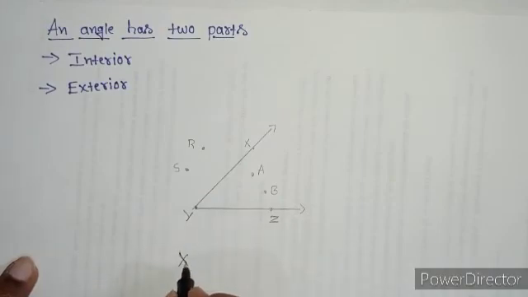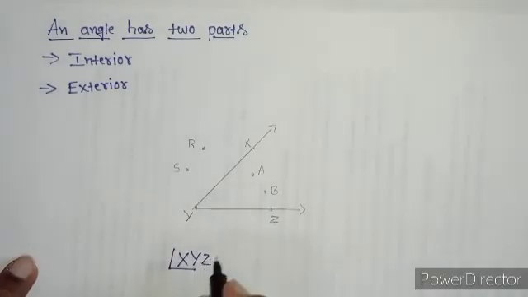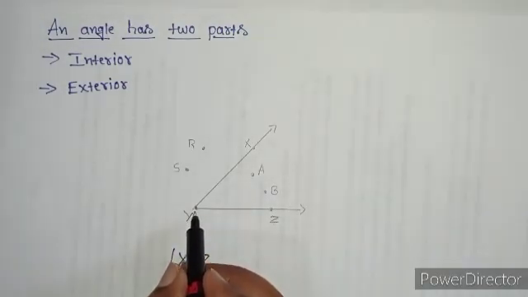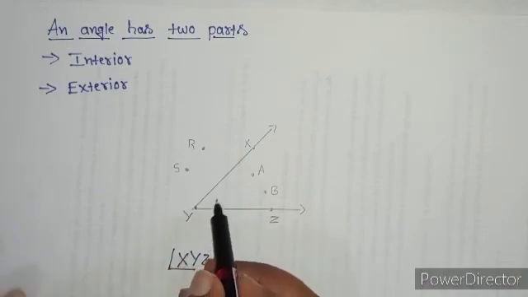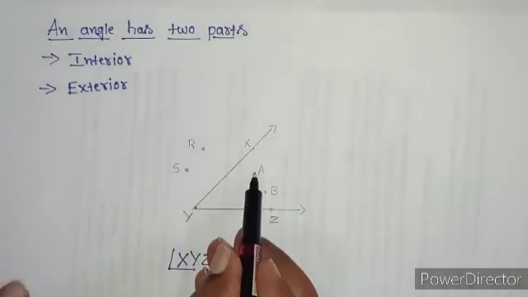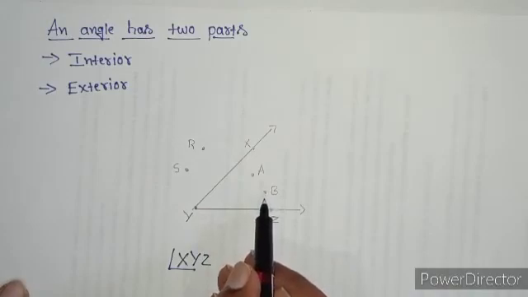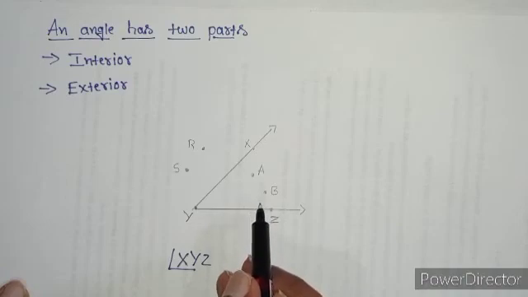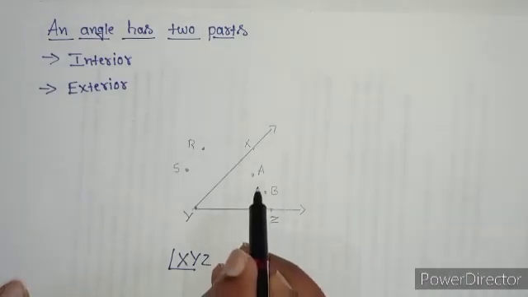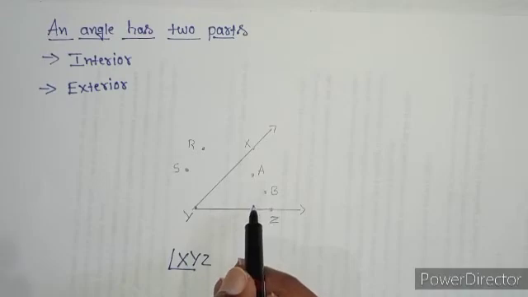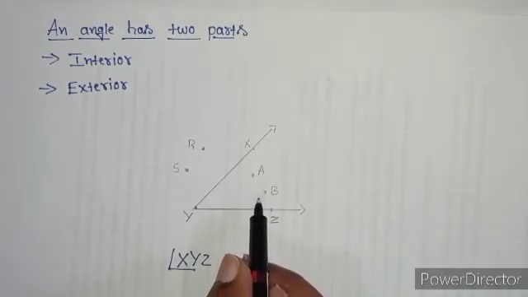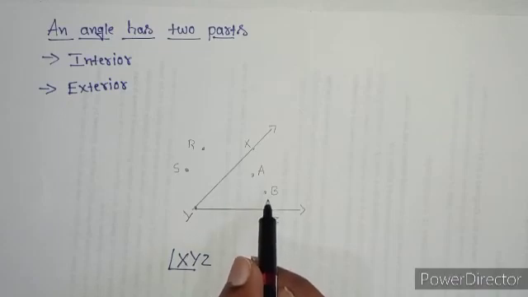All of you see here, XYZ is an angle. Y is the vertex of the angle. Inside this angle, points A and B are lying. So points A and B are in the interior of the angle. The points lying inside the angle form the interior of the angle.